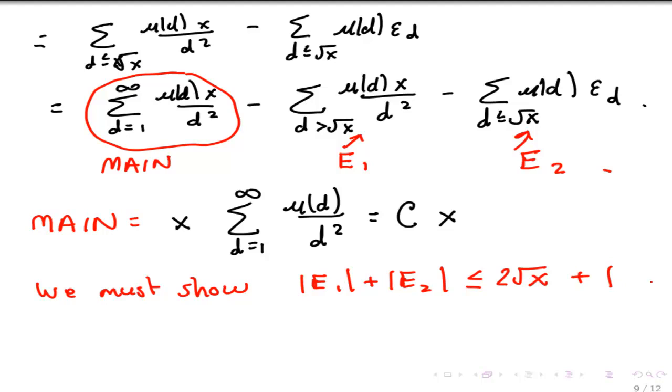So I'm just using the triangle inequality and saying that the total value of these two is less than or equal to E1 plus E2. And so it suffices to prove this fact right here. Okay, let's focus in on each one of these error terms, starting with E1.